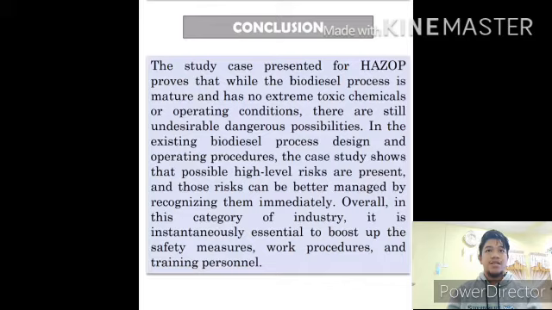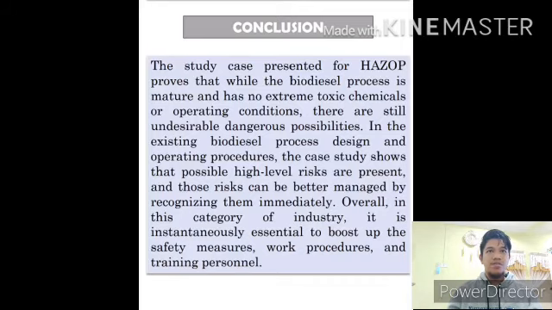The case studies presented for HAZOP prove that while the biodiesel process is mature and has no extremely toxic chemicals or operating conditions, there are still undesirable, dangerous possibilities in the existing biodiesel process design and operating procedures.